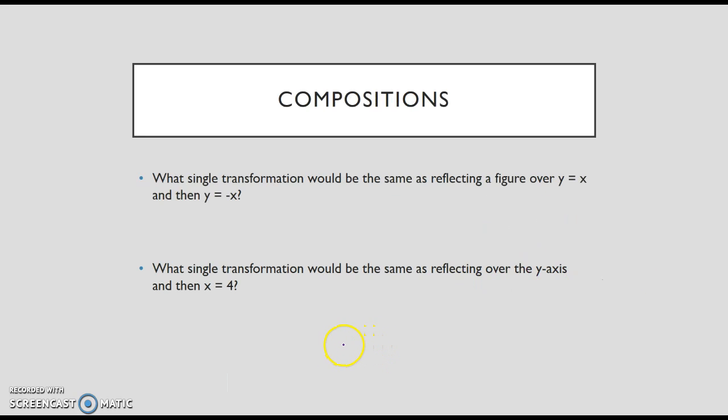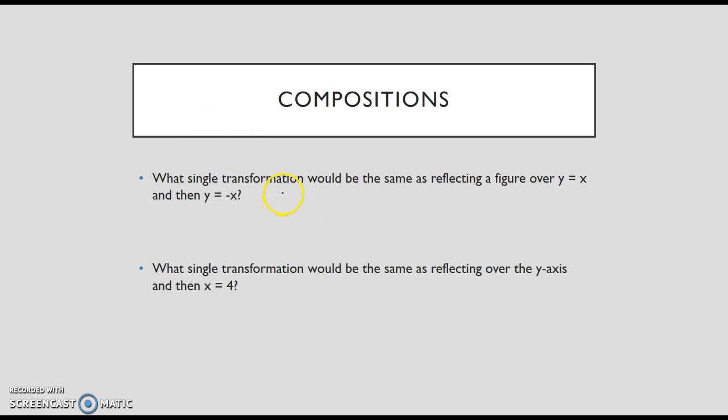And then we looked at compositions. Remember, compositions is doing more than one transformation. We looked at a couple specific ones, some rules or conclusions we were able to draw. So what single transformation would be the same as reflecting a figure over y equals x and then y equals -x?